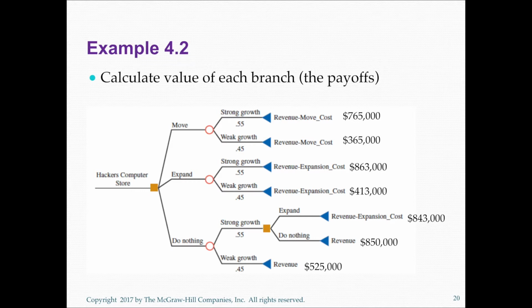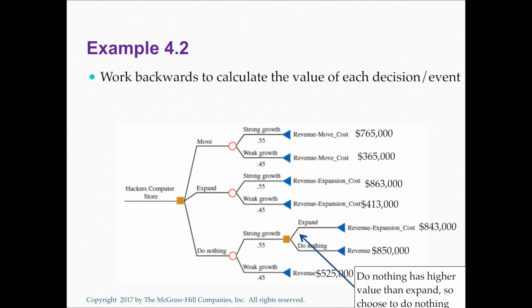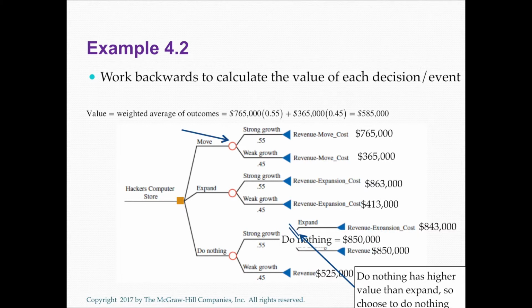When you look at the payoffs value of each alternatives, the largest one is do nothing that has higher value than expand, so choose to do nothing. And then expected value for the moving option, the probability of a strong growth times value for moving alternative, which is its revenue subtracting moving cost, plus the probability of weak growth times value for moving alternative, which is its revenue minus moving cost as well.